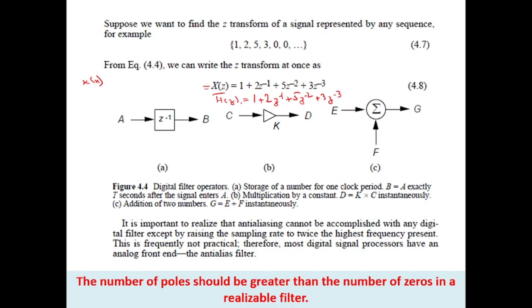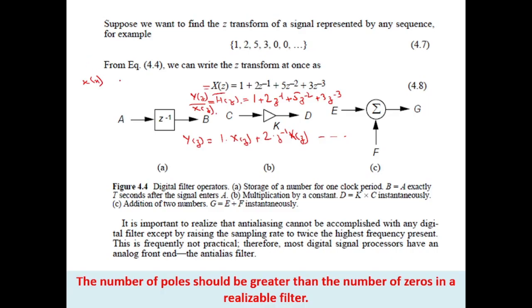So what is this H(z)? H(z) is nothing but Y(z) by X(z), and we get Y(z) equals 1 into X(z) plus 2 into z inverse into X(z), and so on. So what does this mean?